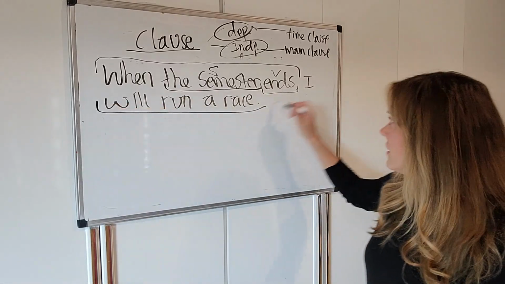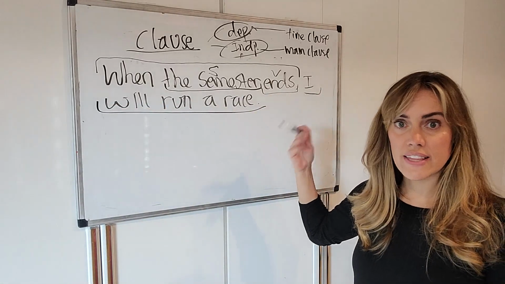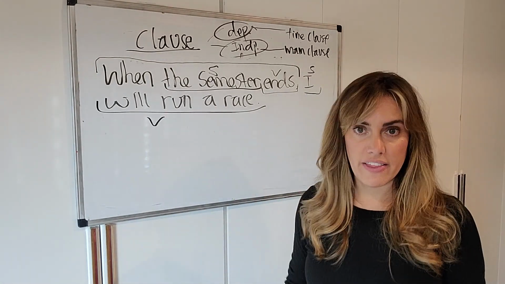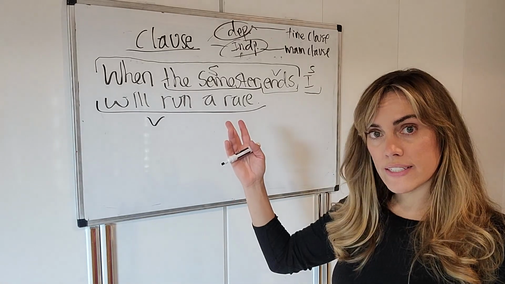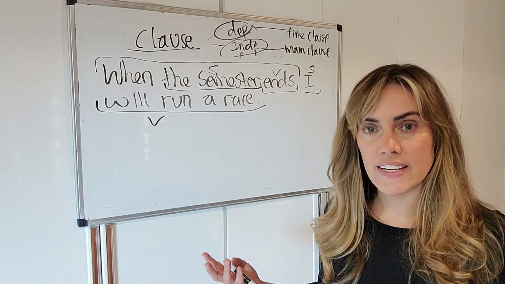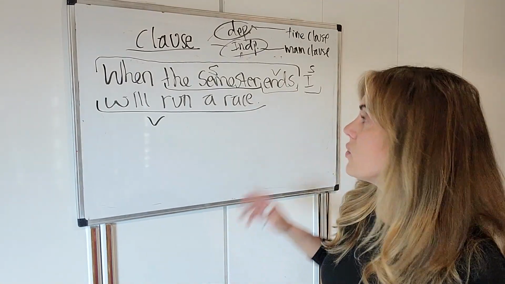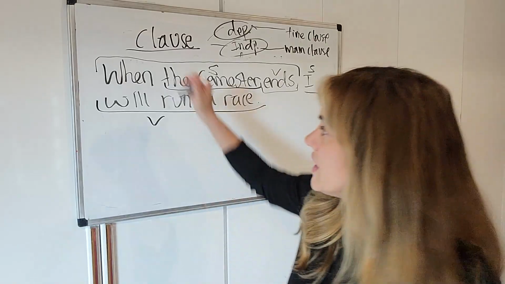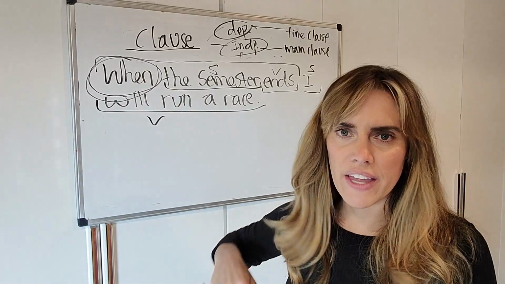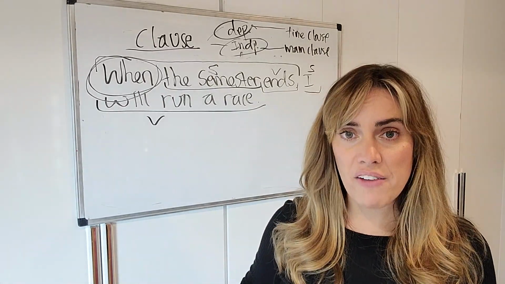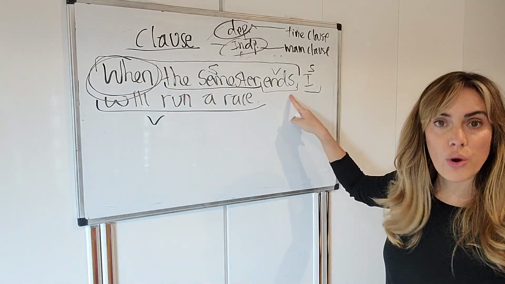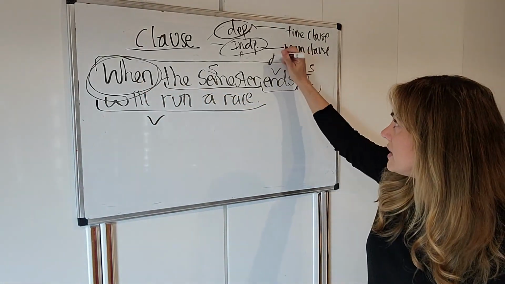I will run. I will run a race. That is another clause. I have a subject and a verb in there. So I have two clauses. Which one is independent or complete and which one is not? Well, I can give you a clue. The clause that starts with a time word like when, while, before, after, as soon as, those time words, that is always going to be the dependent clause.